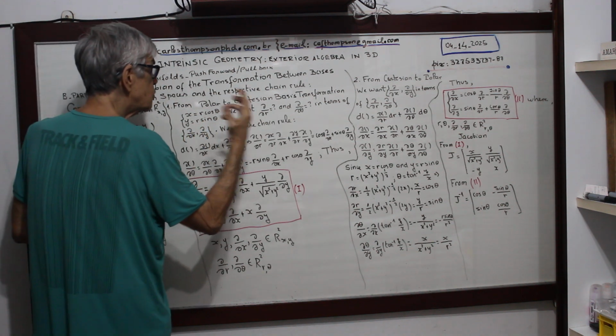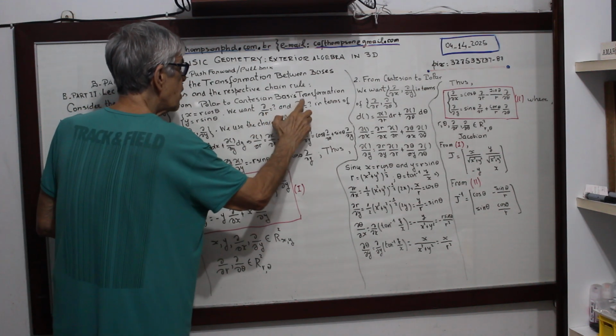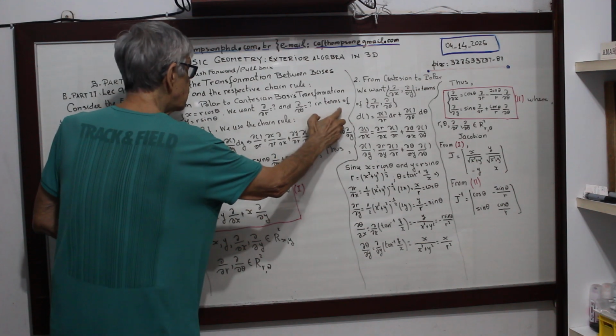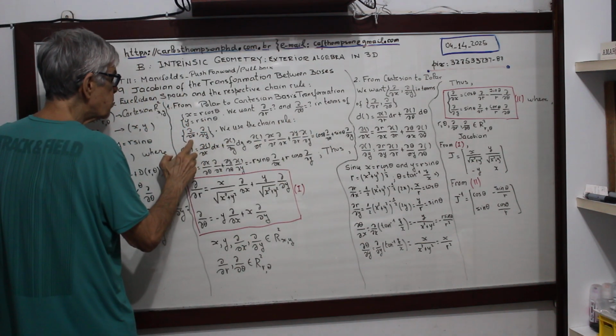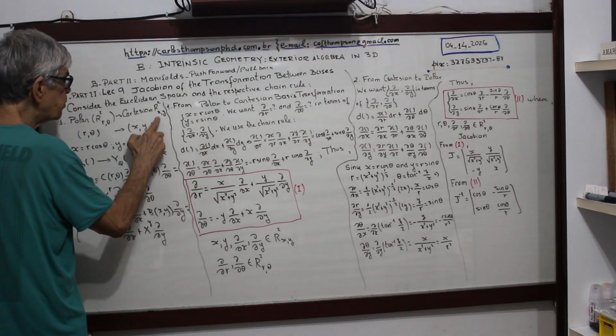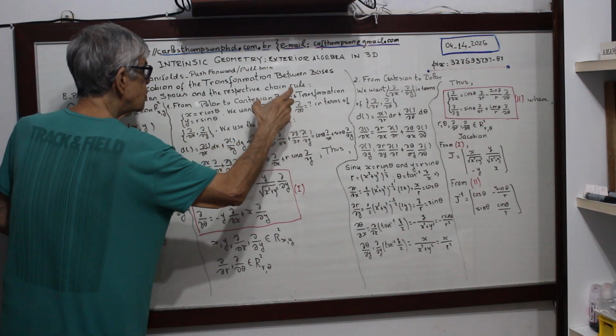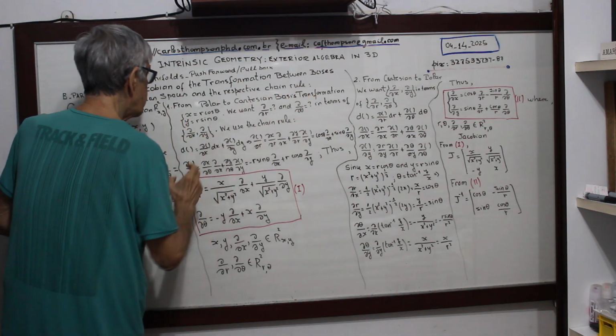We want to express this basis, partial r, partial theta, in terms of partial x, partial y. This belongs to the Cartesian, and this belongs to the polar.